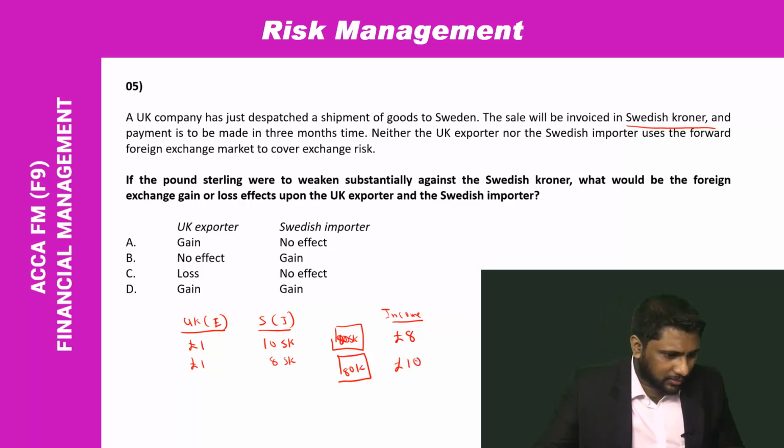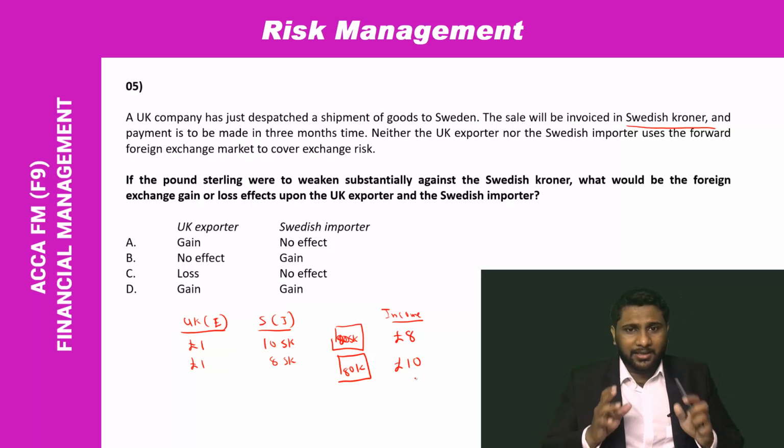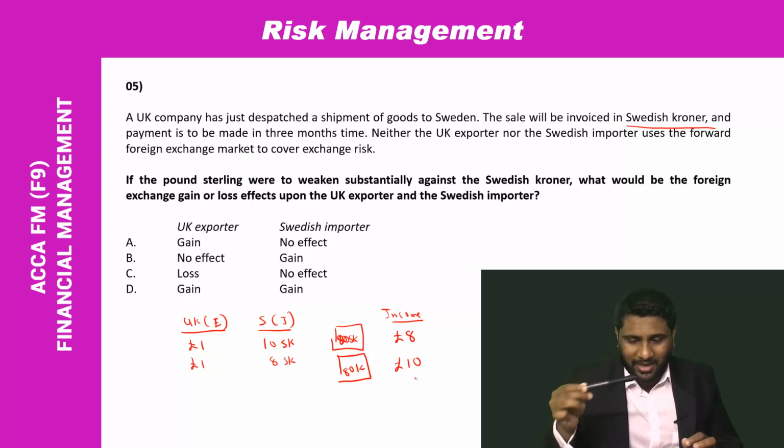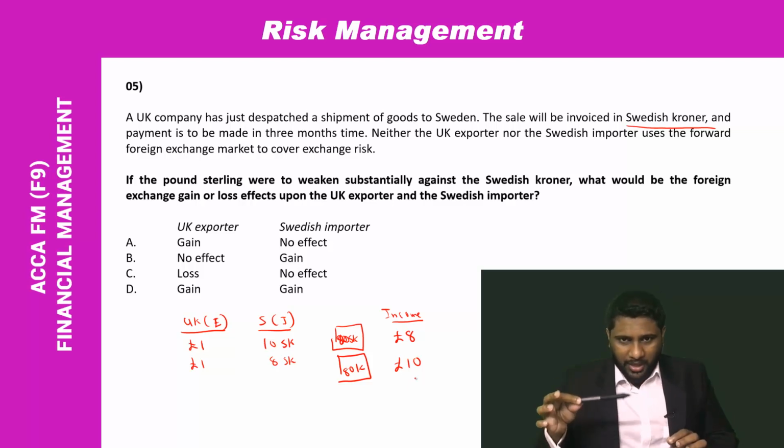10 pounds. So for the person who is importing, there is no effect, because I am invoicing in his currency. Those days I sold this product for 80 kronas, and now also I am selling it for 80 kronas.